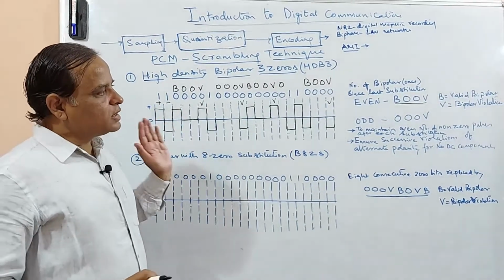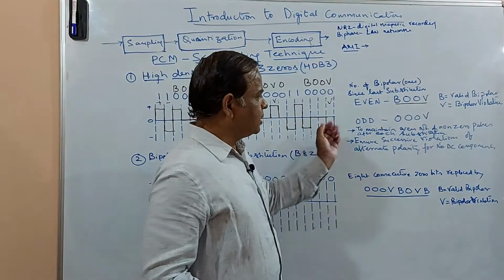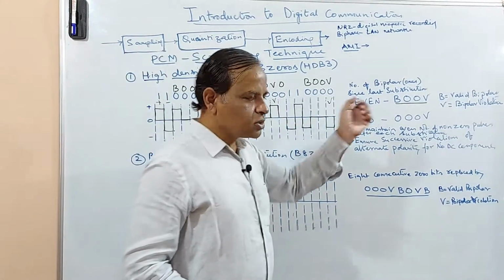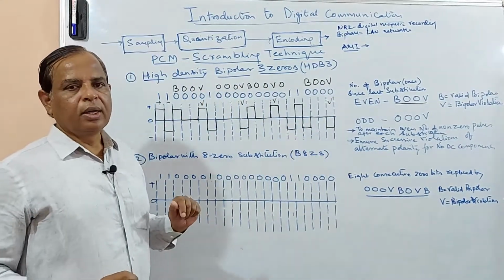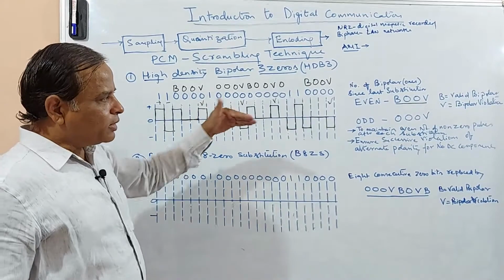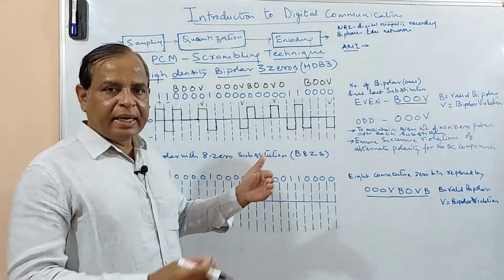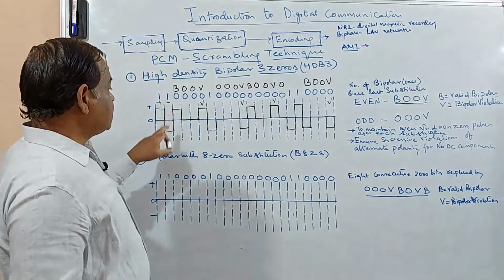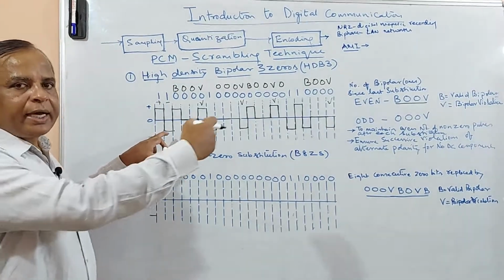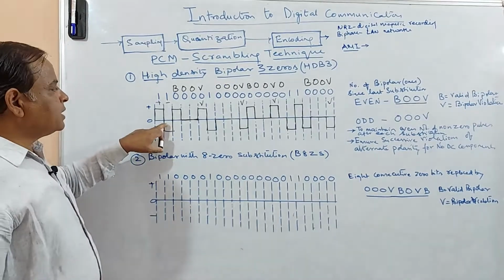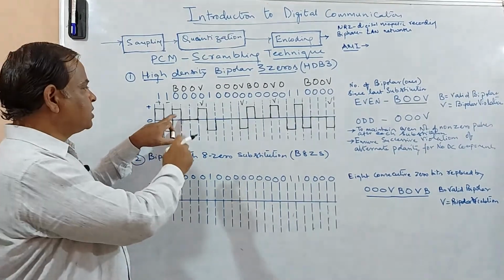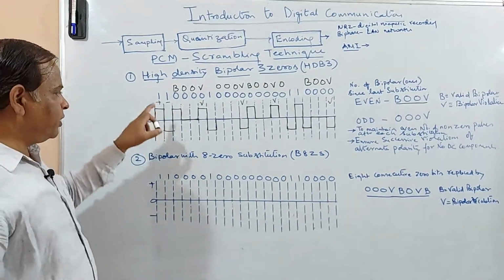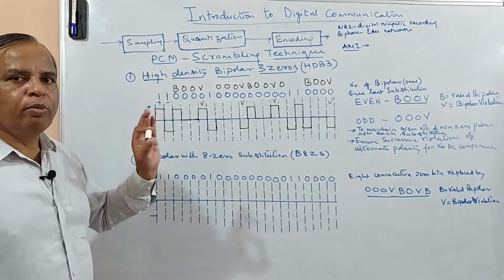This is the only simple logic you have to understand: only count the number of ones. If it is even, replace with that code. If it is odd, replace with this code. That's it. If you want to make it even easier, you may extend this formula: if it is negative, you may replace with plus 0, 0 plus, or if it is positive, minus 0, 0 minus.